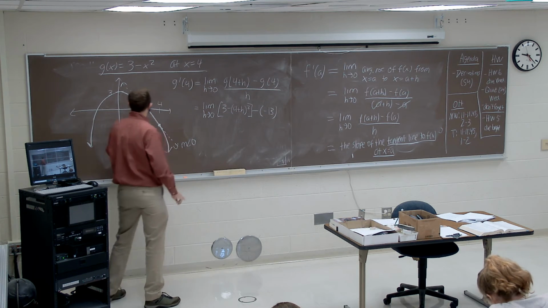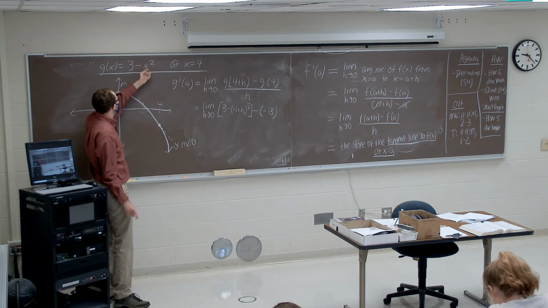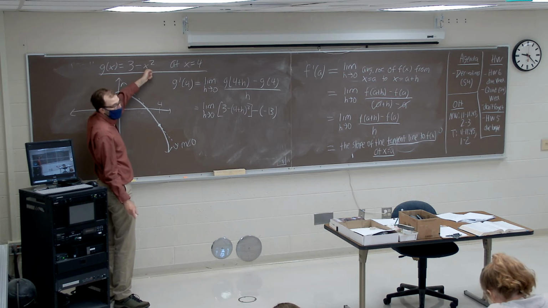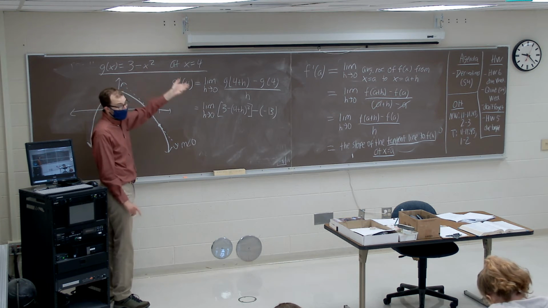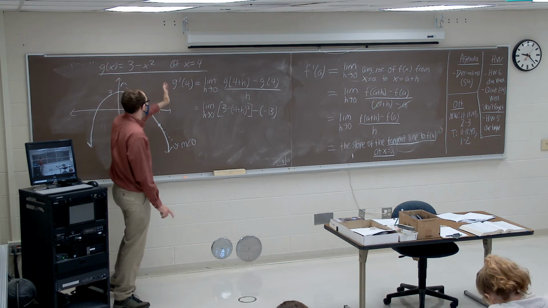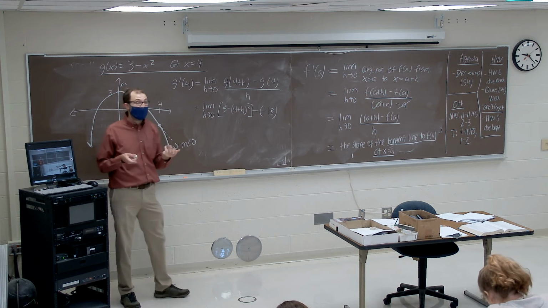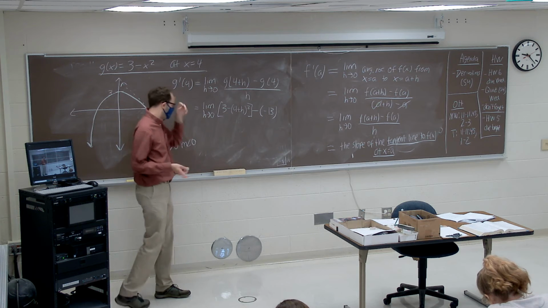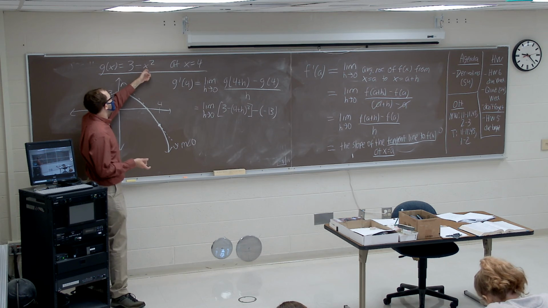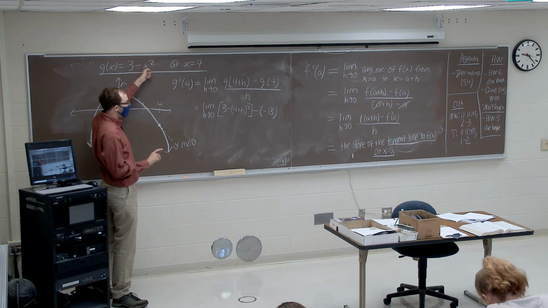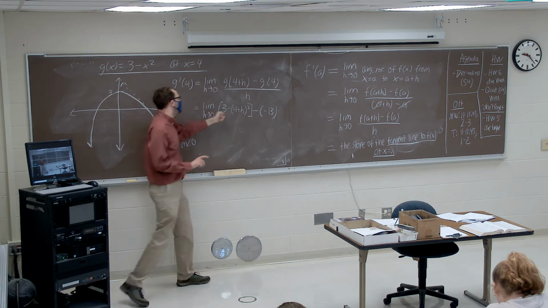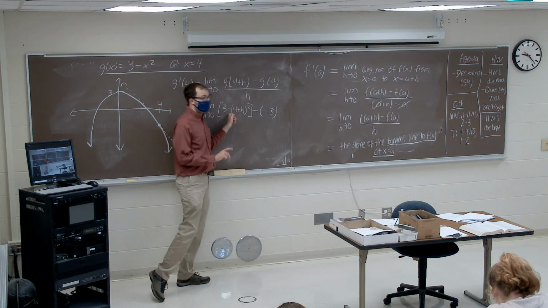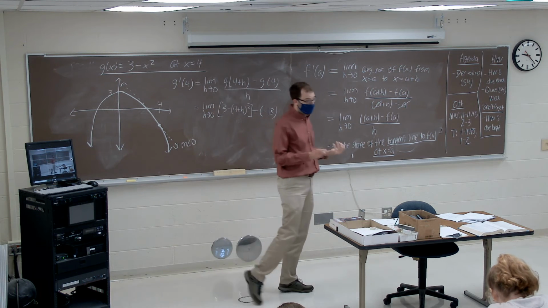So if we're going to take g of 4, we replace our x with 4 to get 3 minus 4 squared, which is 3 minus 16, or negative 13. If we're taking g of 4 plus h, then anywhere we see an x, we're going to replace it in parentheses with the expression 4 plus h. And so that'll give us 3 minus the quantity 4 plus h squared.